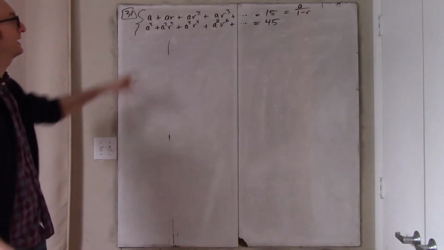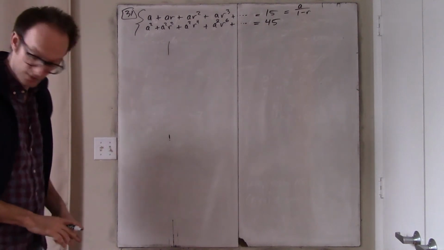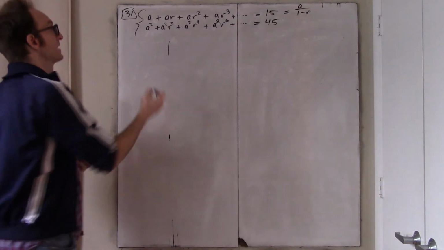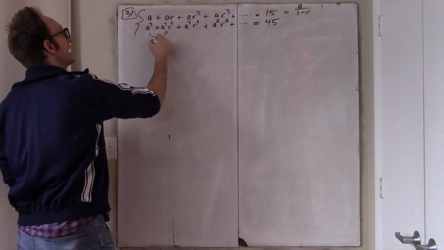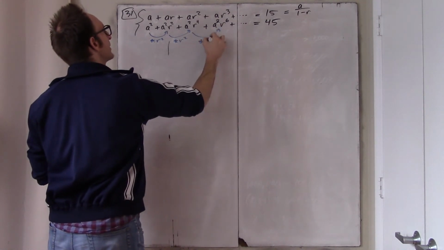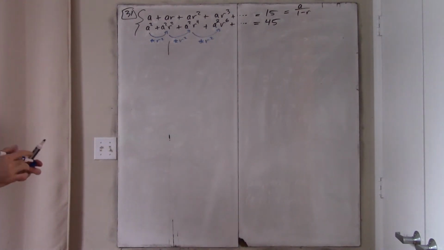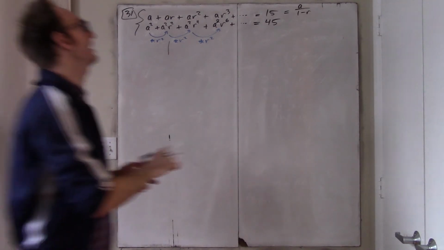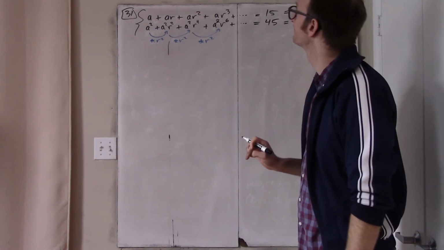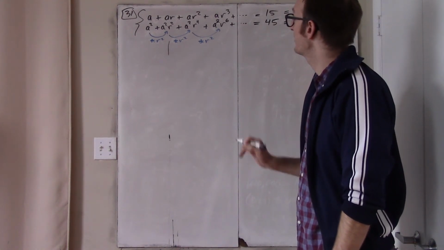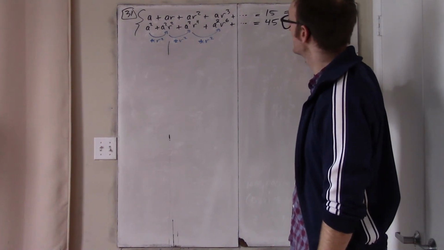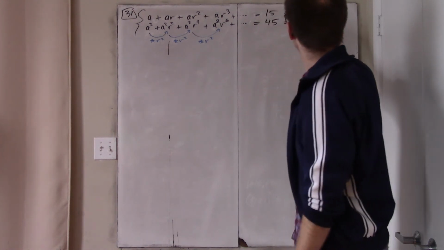And what about this? Well, it's perhaps not totally obvious immediately, but this is also geometric, right? What are we doing? We're multiplying by r squared, multiplying by r squared, multiplying by r squared, etc. So this is geometric. Therefore, I can represent this sum as the first term, a squared, over 1 minus r, which is r squared.